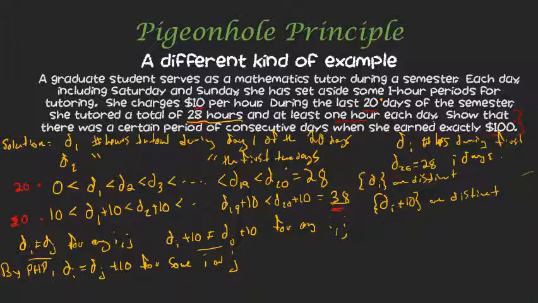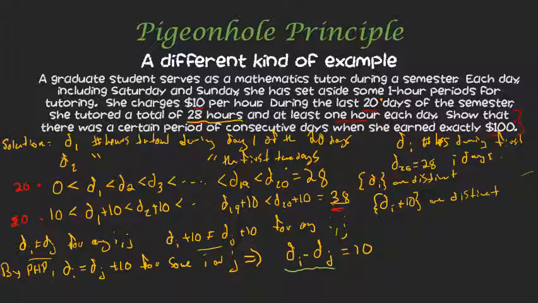All right, so what can we do with that? Well, let's subtract off D sub j from both sides. So we have D sub i minus D sub j is equal to 10. Now we need to interpret this. D sub i is the number of hours worked up to day i, and D sub j is the number of hours worked up to day j.